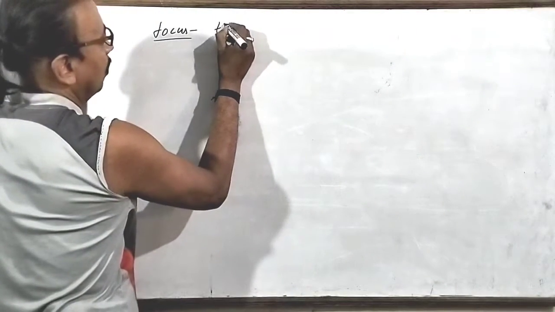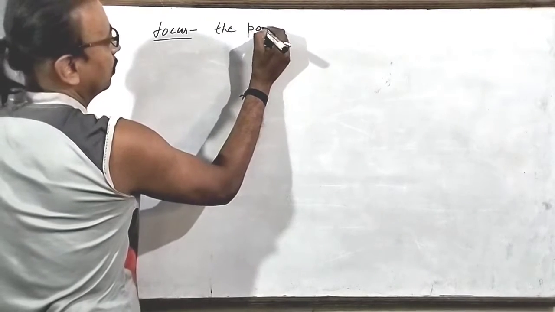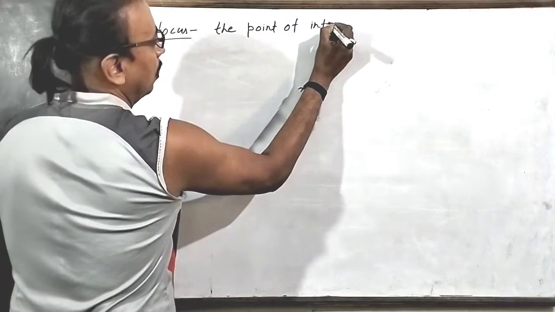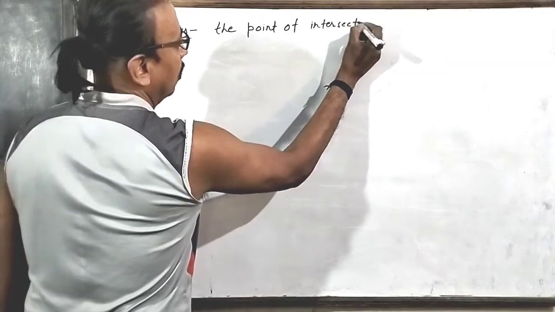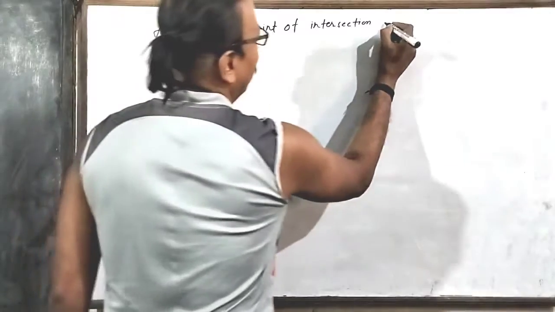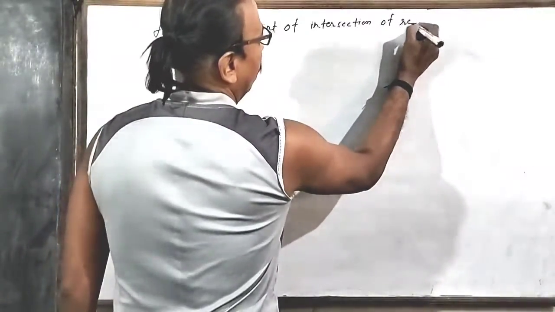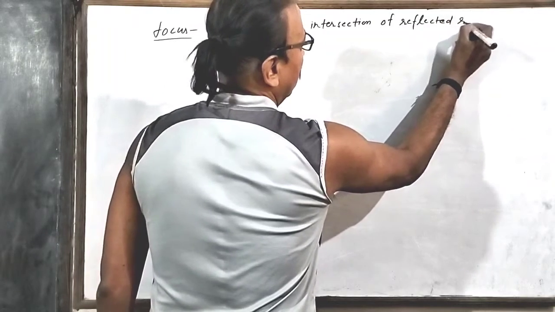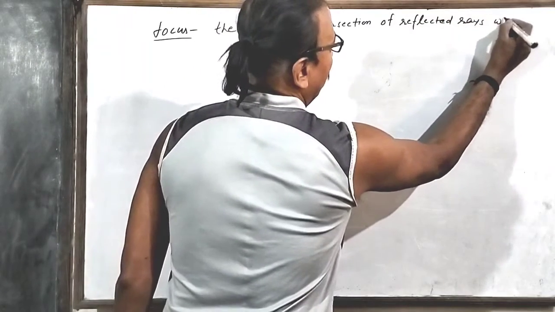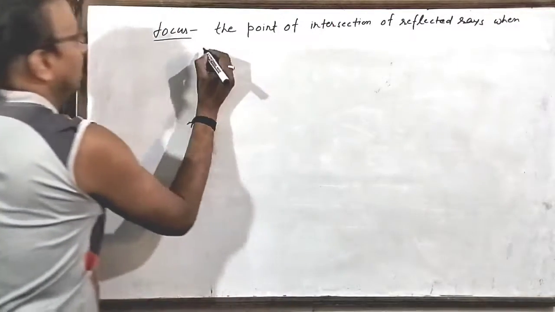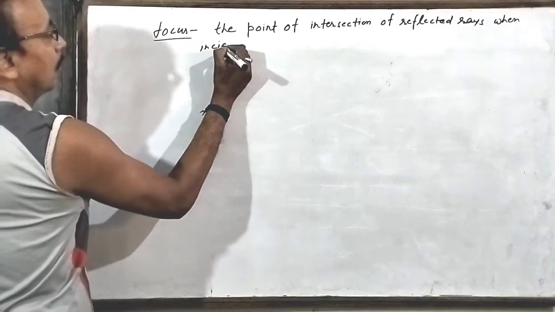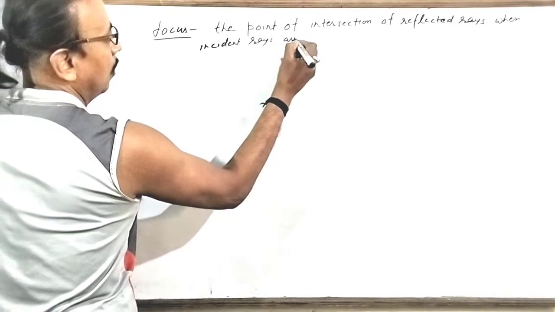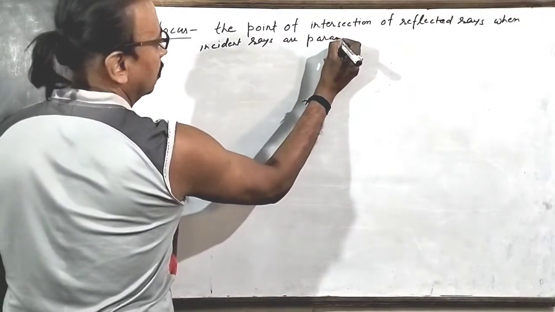The point of intersection of reflected rays when incident rays are parallel to the principal axis.